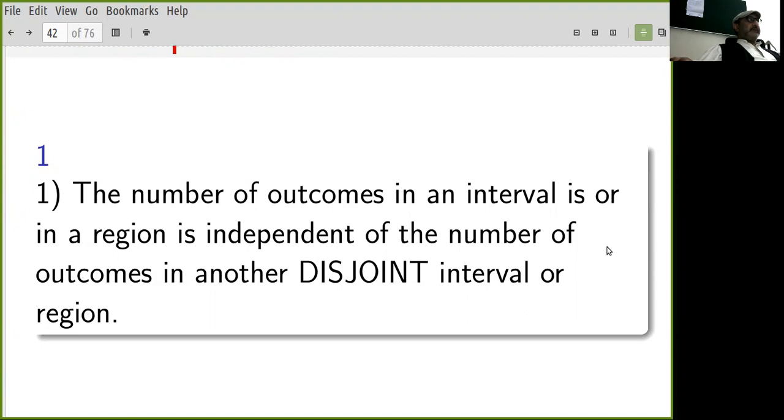So the number of people who enter a McDonald's outlet in 10 minutes at the beginning of the hour, as opposed to the end of the hour, you would assume these are independent. The number of wolves found in 1,000 hectares here and then an adjoining 1,000 hectares there should be independent of each other.